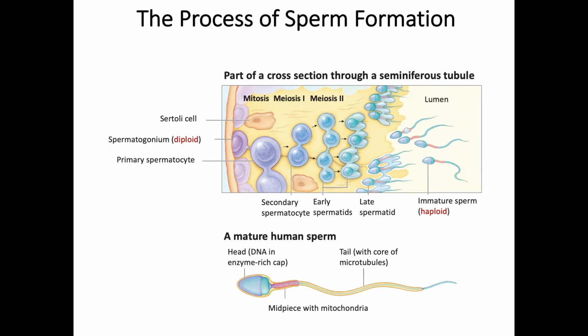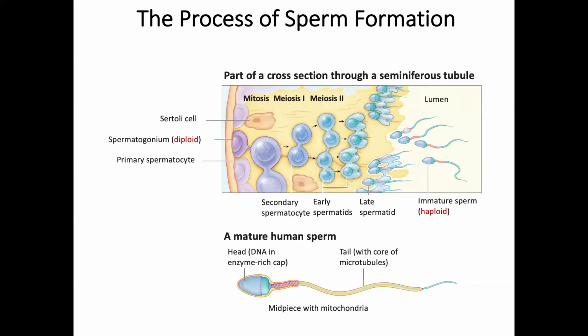And then the bottom picture shows a mature sperm and all its components. The anterior half of the sperm head is called the acrosome. It's a cap-like structure derived from the Golgi apparatus.